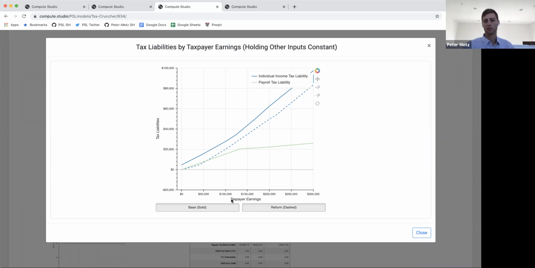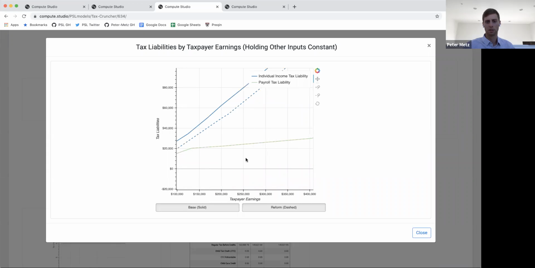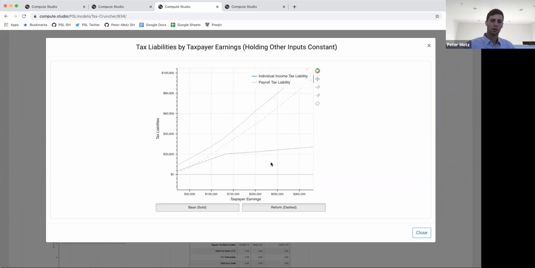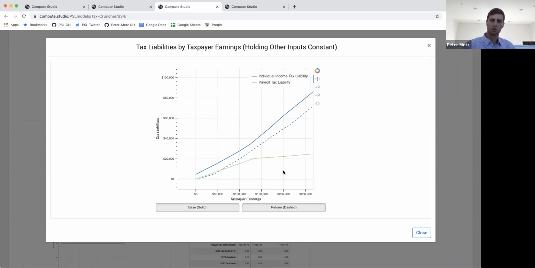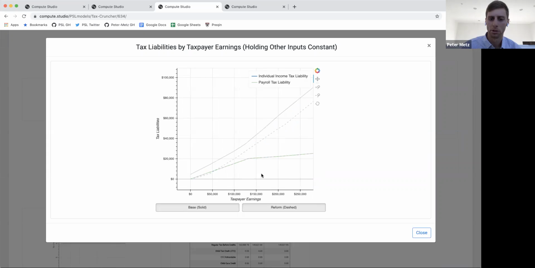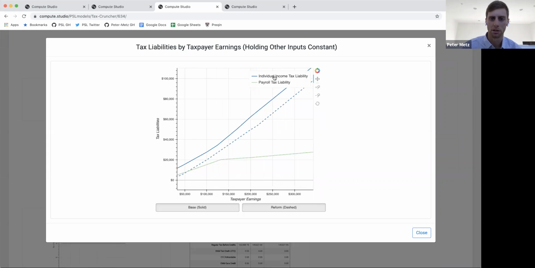We hold all of those inputs constant except for taxpayer earnings, which should really say wages, and we increment the taxpayer wages from 0 up to a very high value. The solid line is current law. The dashed line is the reform. The blue is the individual income tax, and the green is payroll tax.